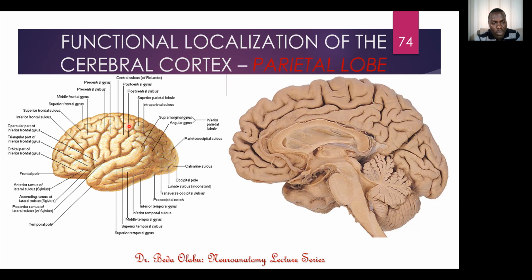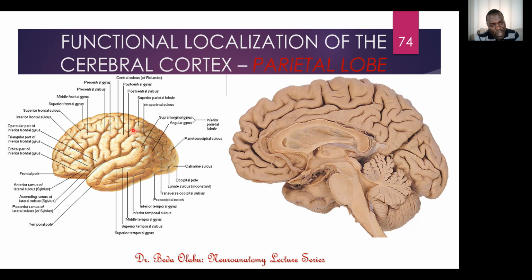Don't confuse post-central gyrus with pre-central gyrus. This is beyond, this is before the central sulcus. So the one beyond the central sulcus is called post-central gyrus. That one will be in the parietal cortex. The one before the central sulcus is called pre-central gyrus. That is in the frontal cortex. So we're talking about the post-central gyrus.